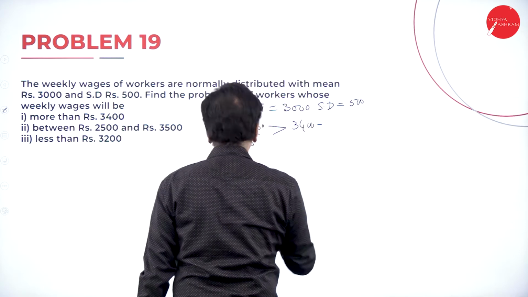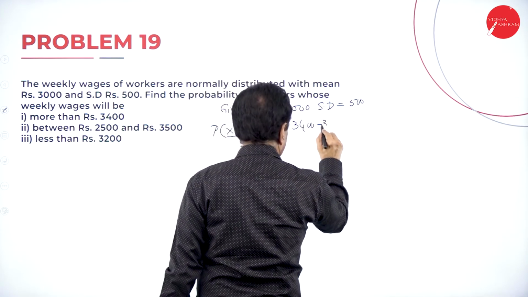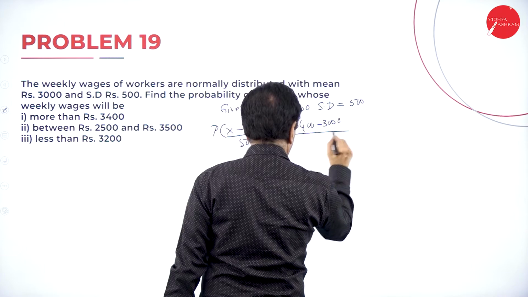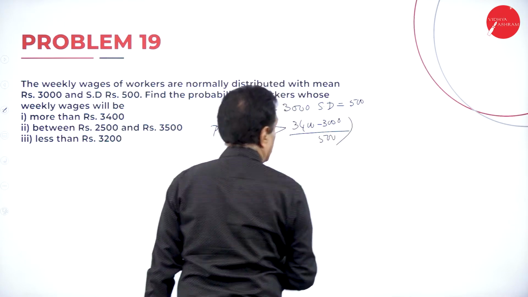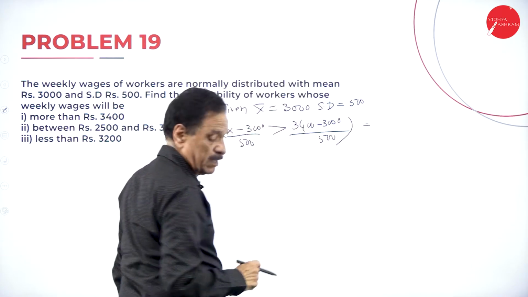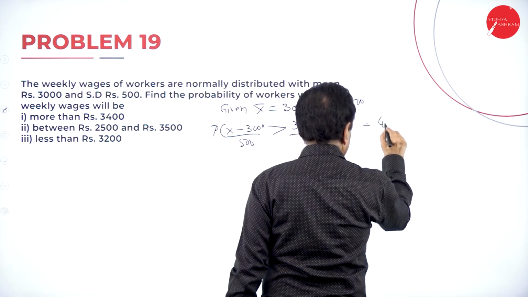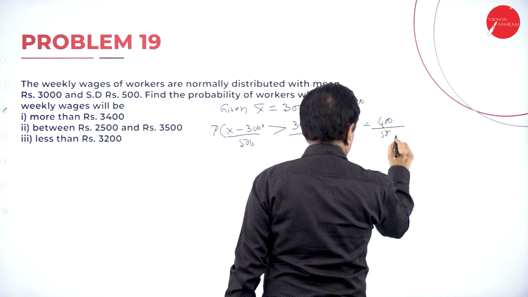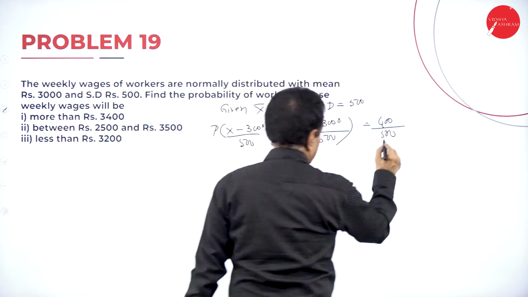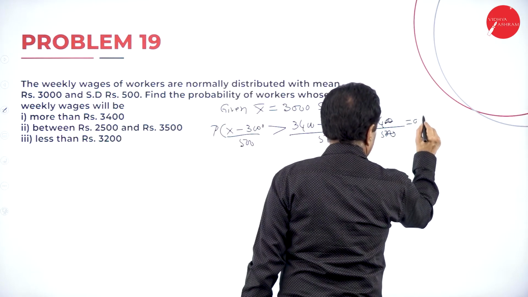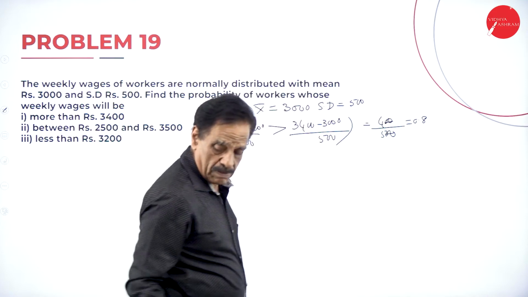3,400 minus 3,000 divided by 500 is equal to 400 divided by 500, 0.8.